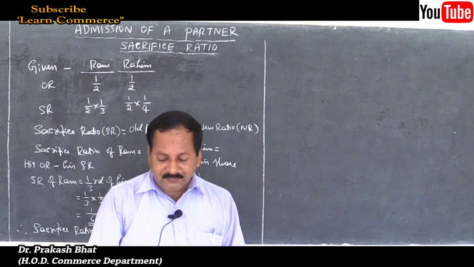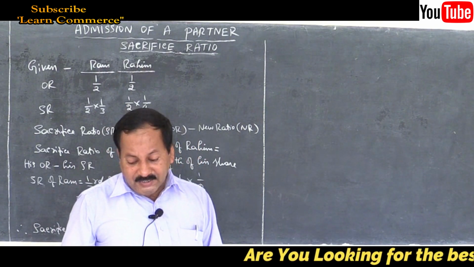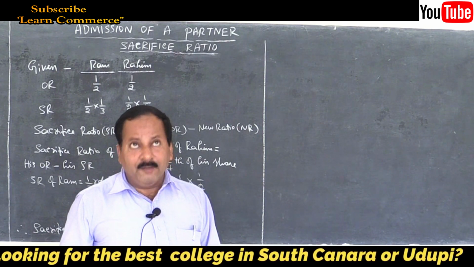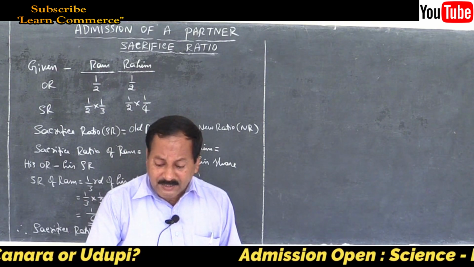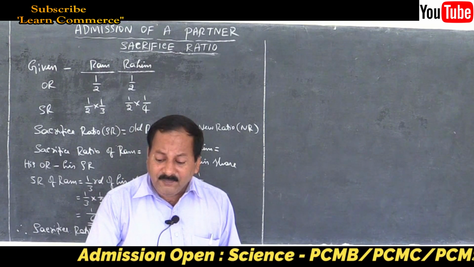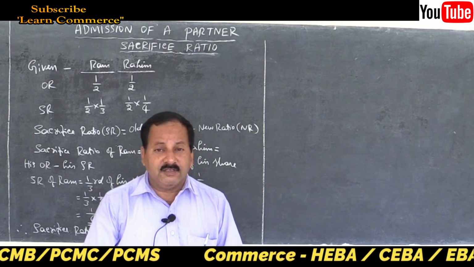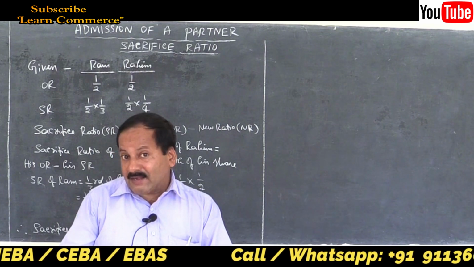So here, old ratio is given 2:1. They admit Shiva into partnership, new partner, and the share of new partner is 1/6. Ravi and Shankar agree to share the remaining share in the ratio of 3:2. Indirectly given, see. So what we have to do is, remaining share we have to calculate first.